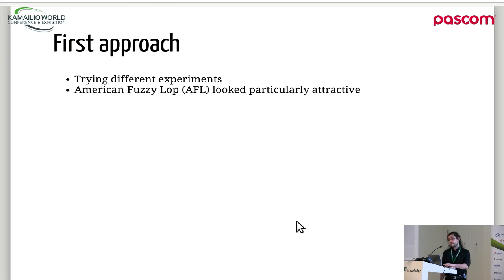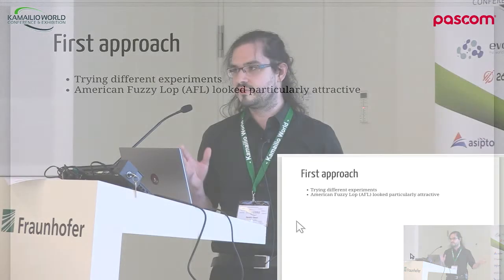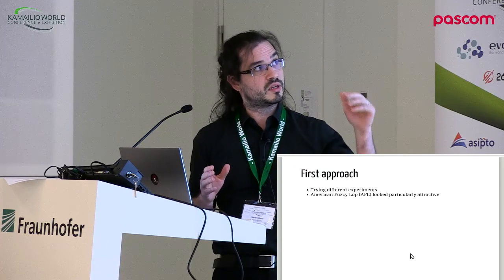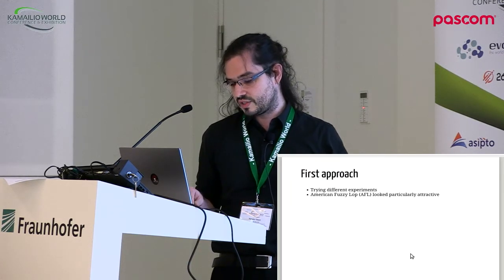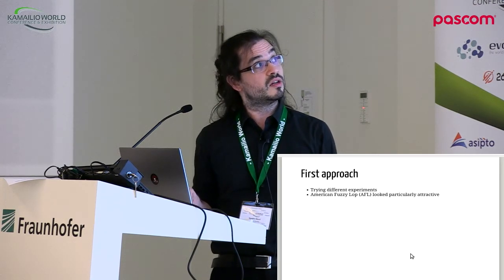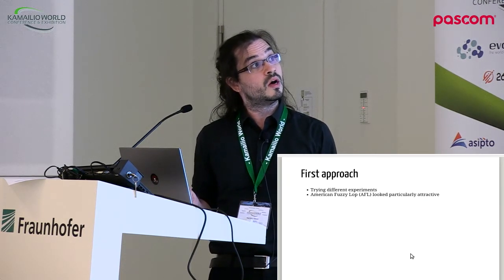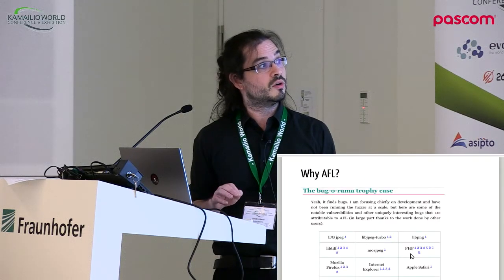So the first approach that I will describe, apart from, of course, having started by trying various different things, focuses on a fuzzer called AFL, or American Fuzzy Lop, which is pretty cool.